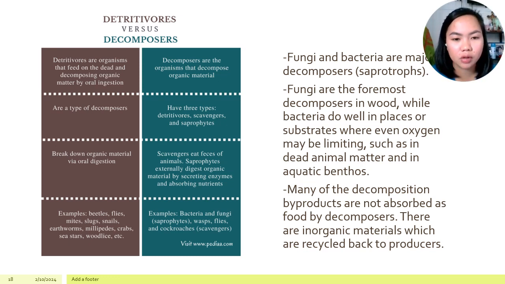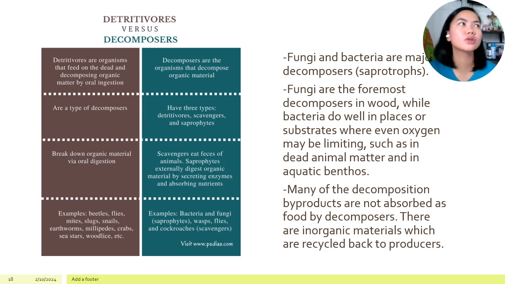They are a type of decomposers. They break the organic material through oral digestion. Examples of detritivores are beetles, flies, mites, slugs, snails, earthworms, millipedes, crabs, sea stars, woodlice, and etc. So these detritivores eat the material and it decomposes inside them.